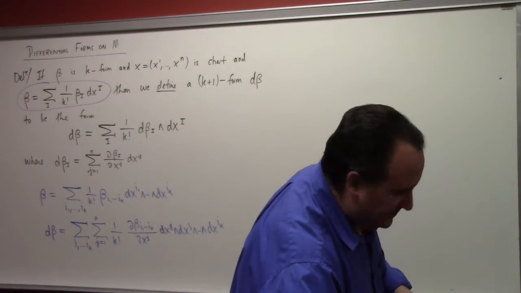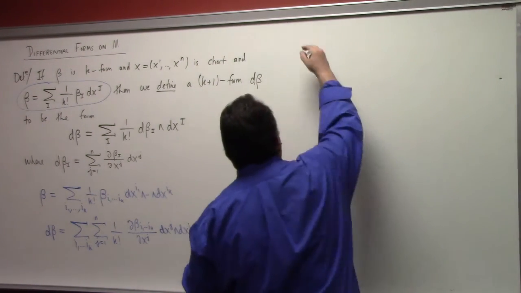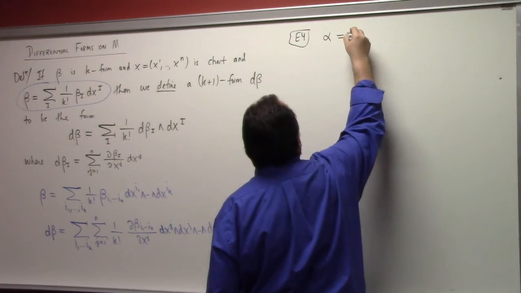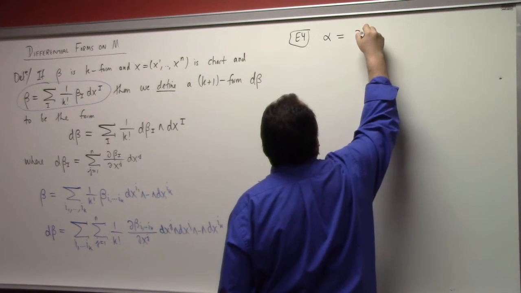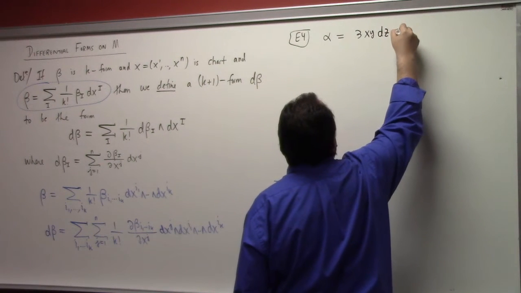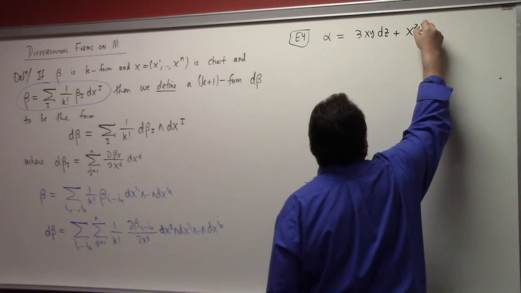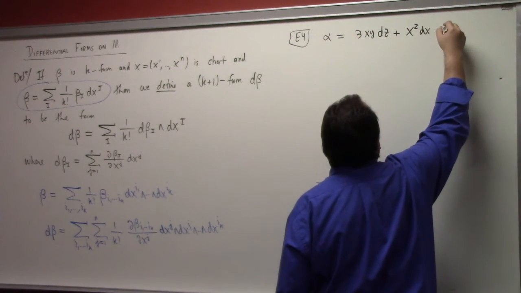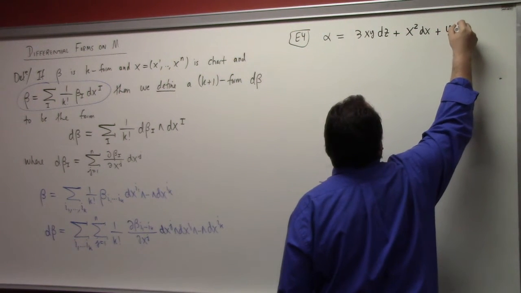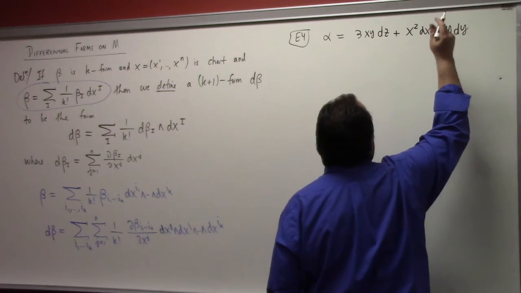Like I can do some examples. So let's see here, like example 4. If I have alpha is like 3xy dz plus x squared dx plus y dy, there we go.